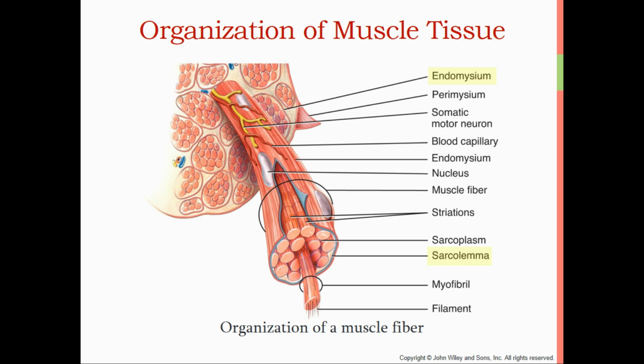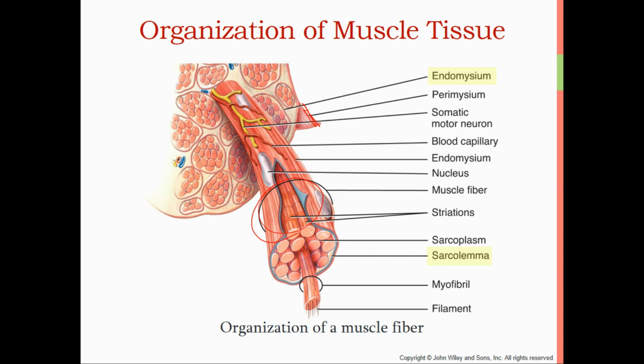All right, so here's another section of the muscle that has been cut so that we can see the fibers inside. Remember, the endomysium is going to be around each and every one of the muscle cells. The perimysium way out here on the outside, it's going to be there.